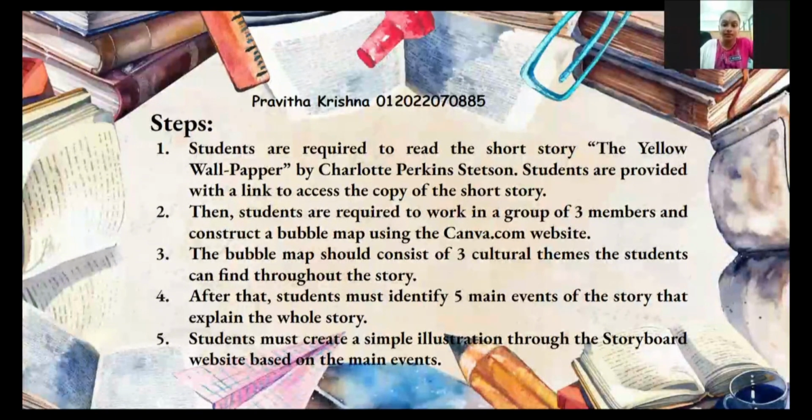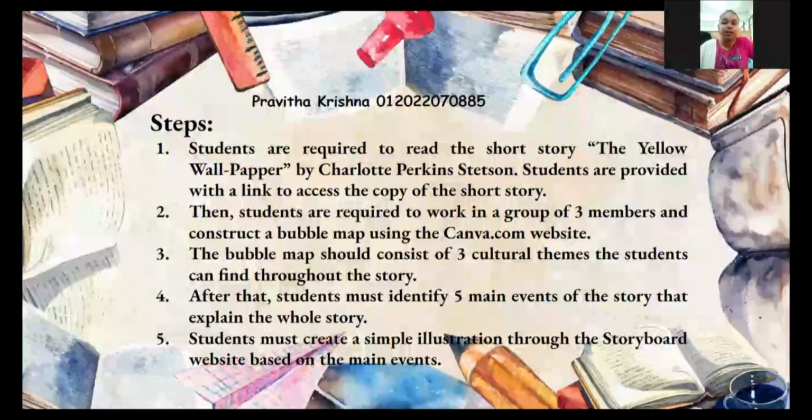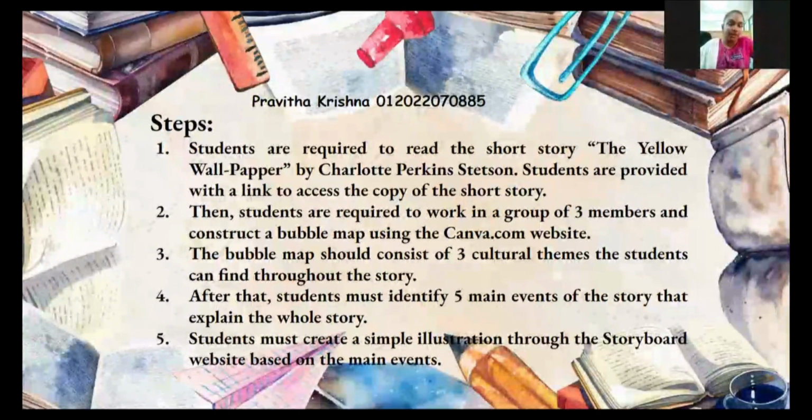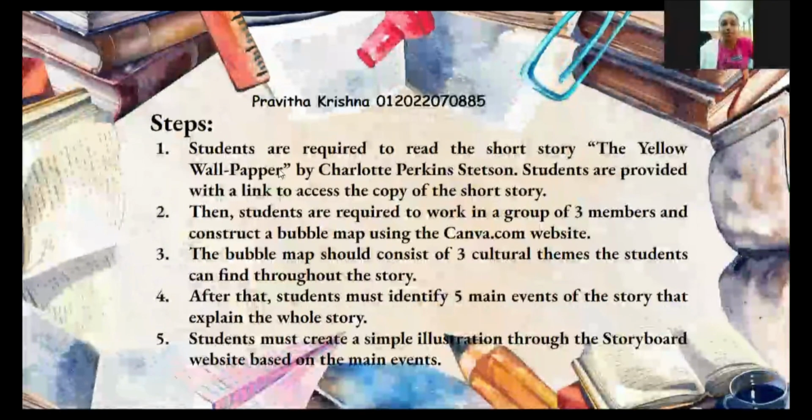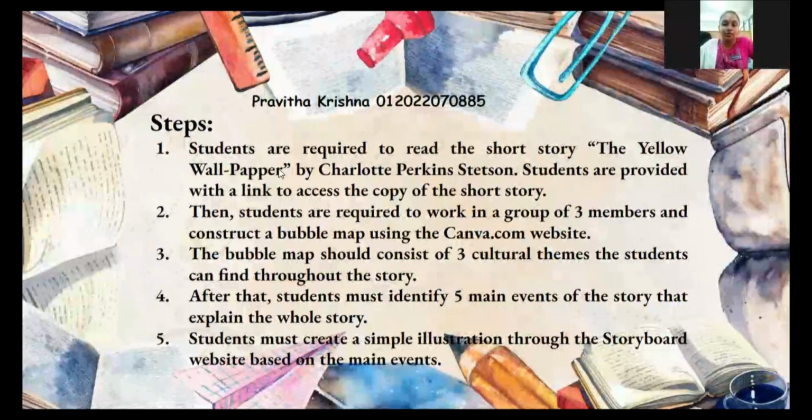Then students are required to work in a group of 3 members and construct a bubble map using the Canva.com website. The teacher may group the students, or the students may choose their group members. The number of members may be changed according to the teacher's classroom size.